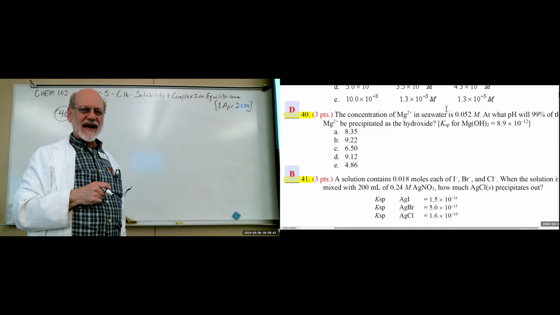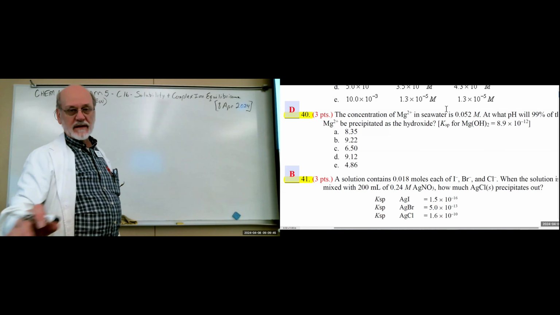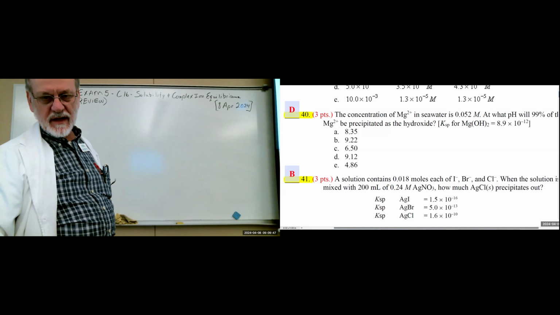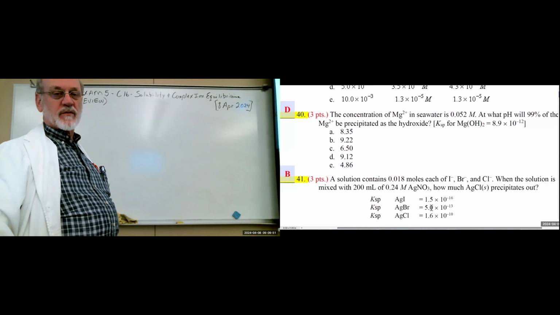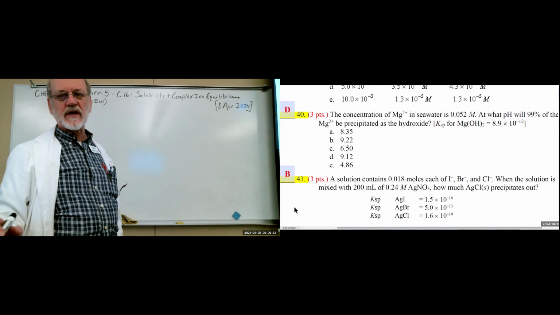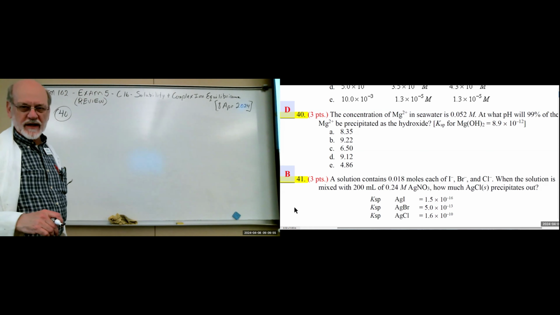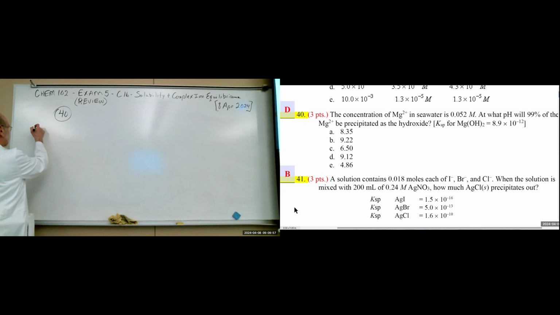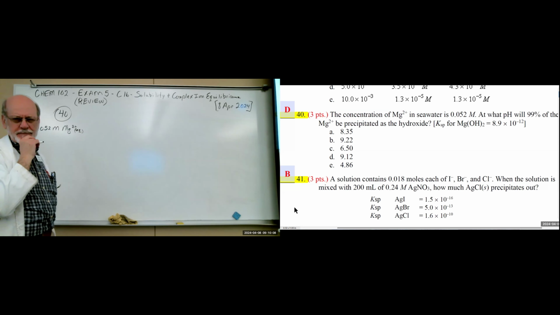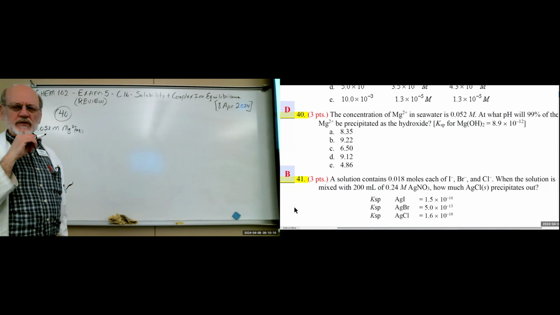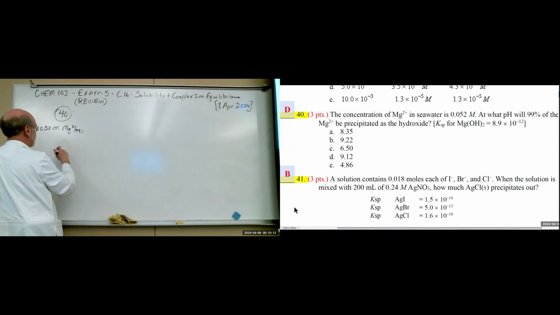At what pH will 99% of the magnesium be precipitated as the hydroxide? Okay, so seawater has 0.052 molar magnesium ions in solution. Okay, we're given that. We also want to precipitate 99% of that.